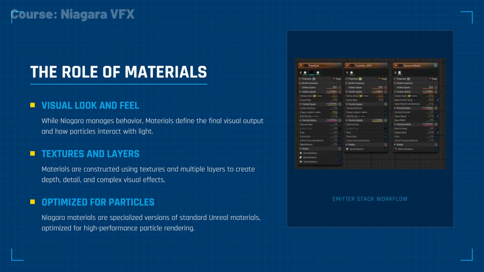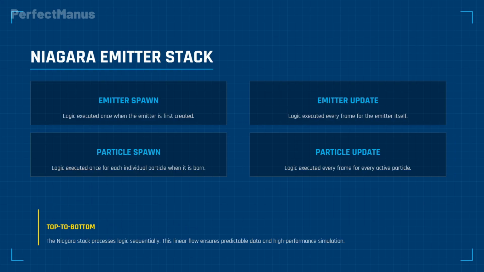The how-it-will-work part, the Niagara part, also controls its size, its life, its movement, all those kinds of things, while the materials handle your texture and layering part. So how it seems, how it feels, and how you want your particles or the VFX to come out in the end.